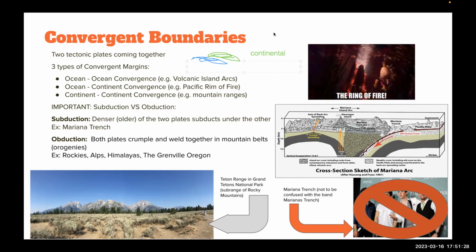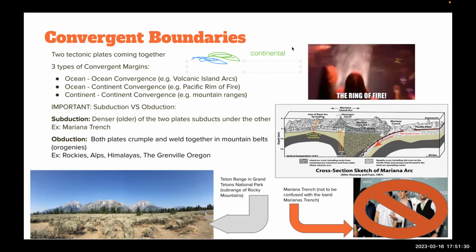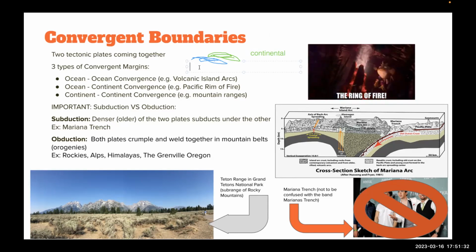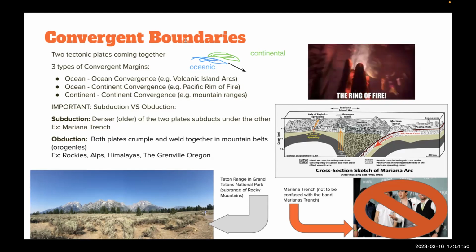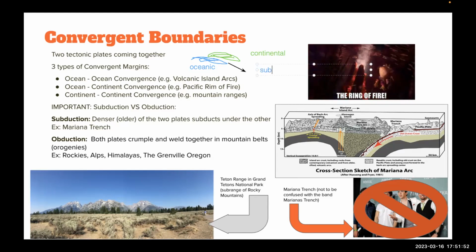So does this ring a bell? Does this look like anything we've been talking about? Exactly, subduction zones. These are called subduction zones, and they are very, very dangerous. The reason is that when the oceanic plate subducts, it reaches higher temperatures and tends to melt.